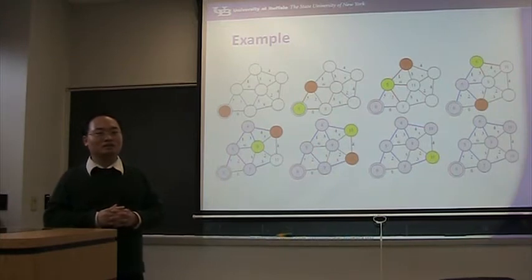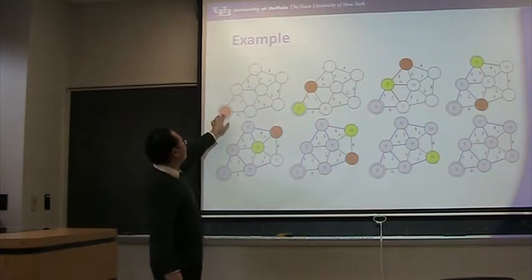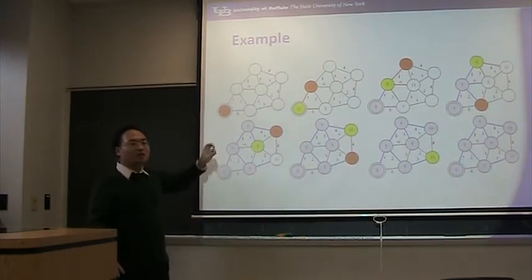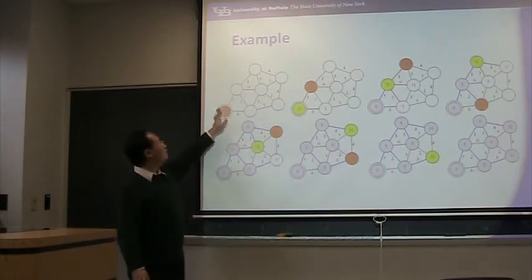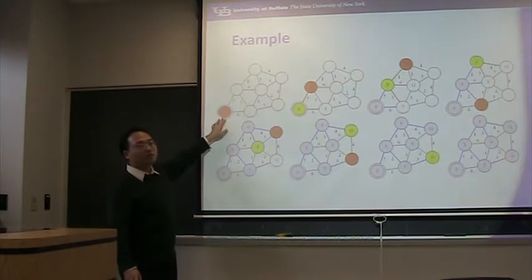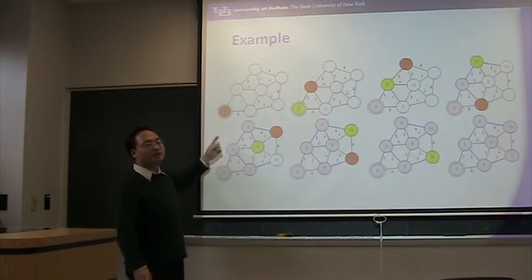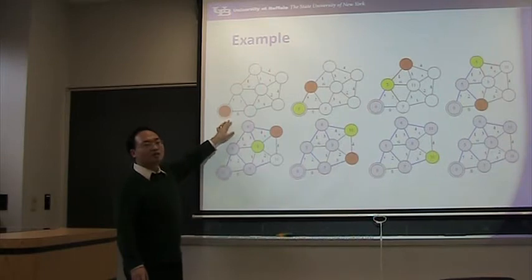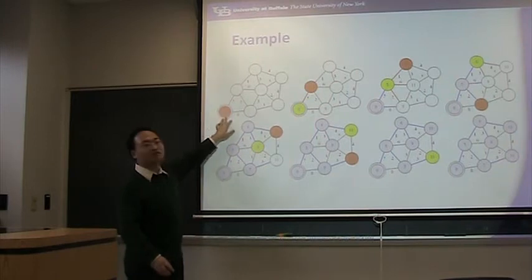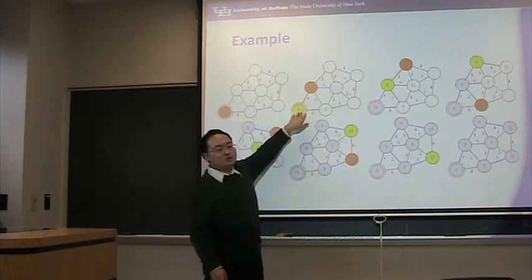What is the red circle and the yellow circle? The red circle is the node that is recently added to the shortest path tree. So in this part, before this step, all the nodes are white. And the first node to be added to the shortest path tree is this node, because it's directly connecting to the front node, or it's actually the front node. And then in the next step, it's adding this node to the shortest path.